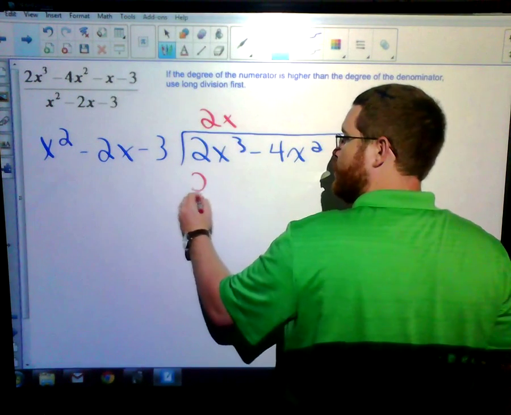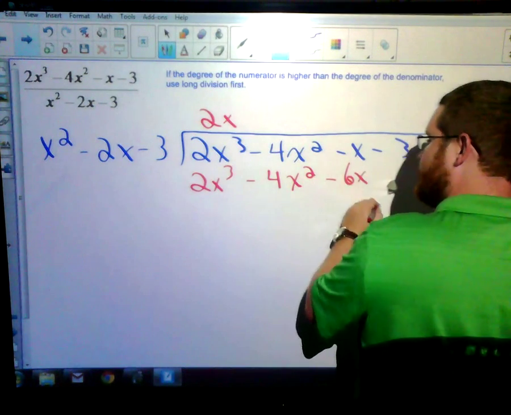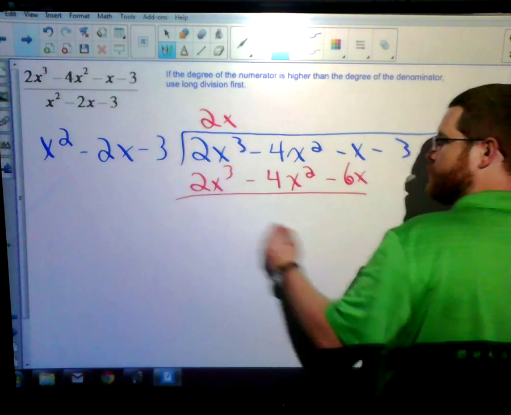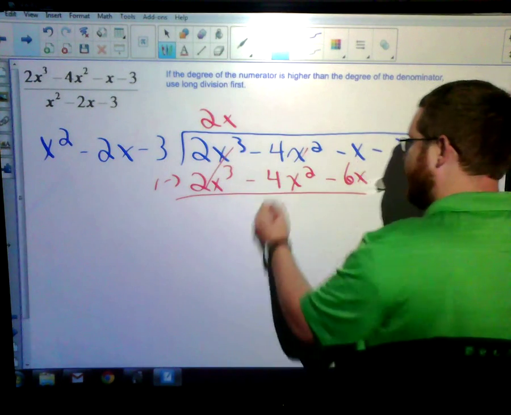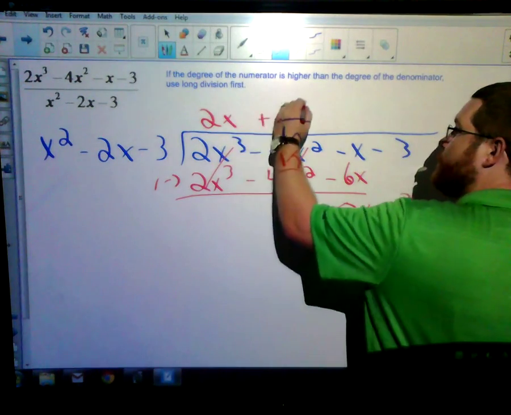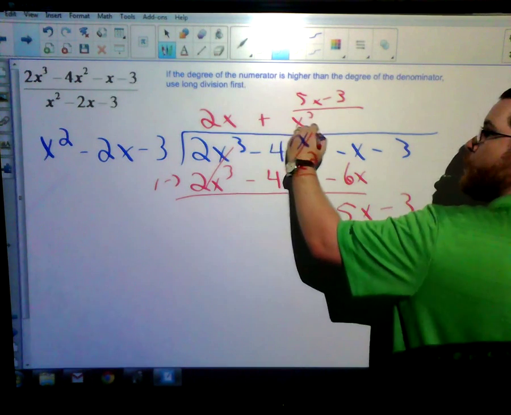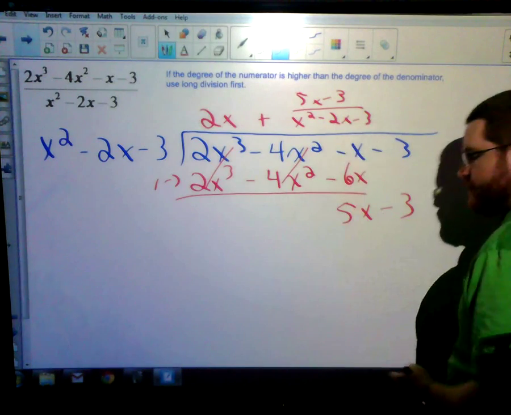That gives me a 2x cubed minus 4x squared minus 6x. If you divide that out, or subtract that now, cancel, I get a 5x minus 3. So my remainder is 5x minus 3 over top of x squared minus 2x minus 3.